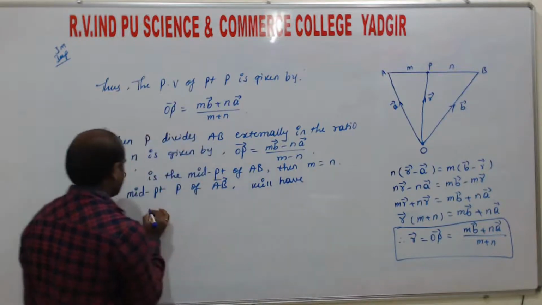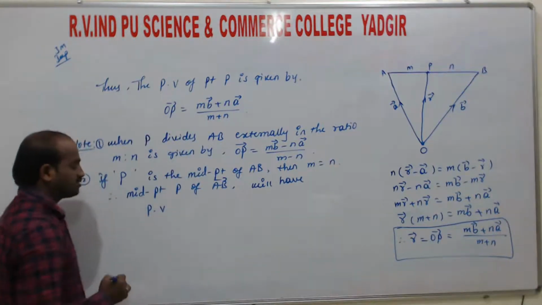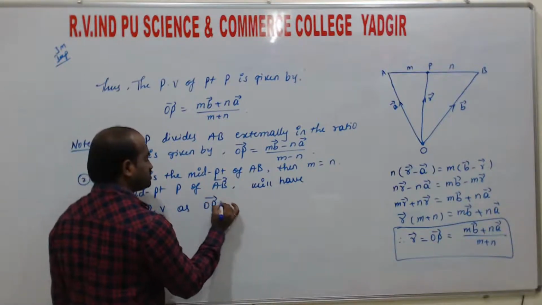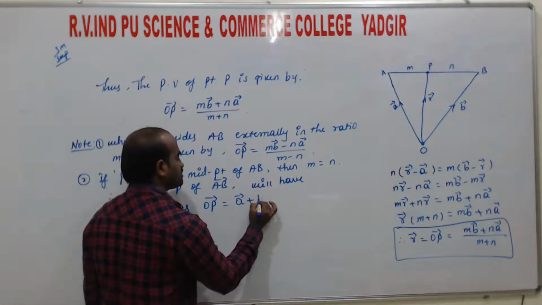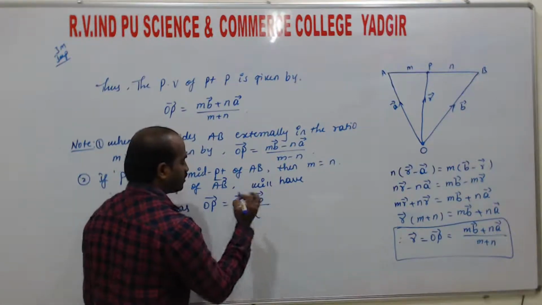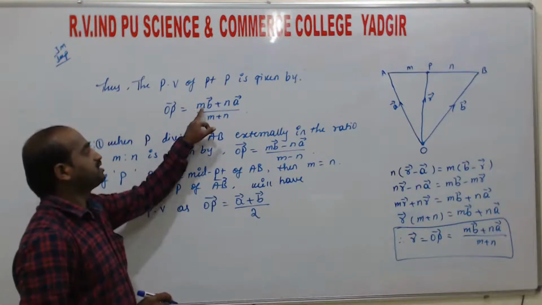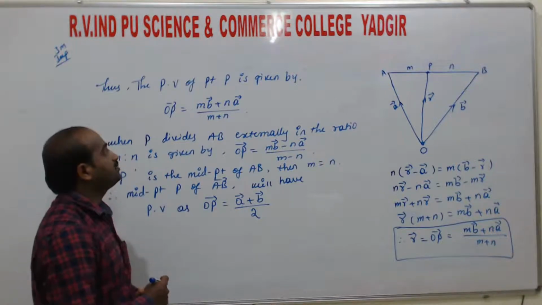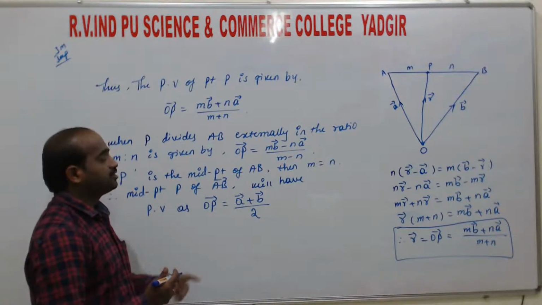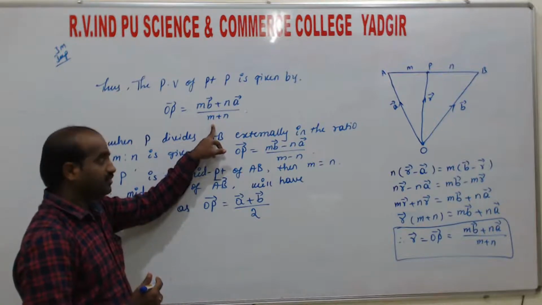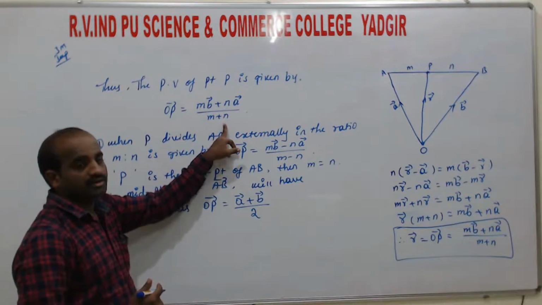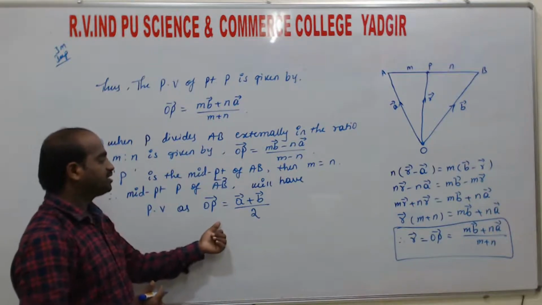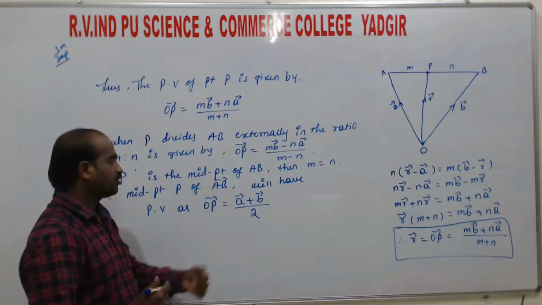We have therefore the position vector of P as OP vector is equal to A vector plus B vector divided by 2. Now M is equal to N, so B plus A divided by the ratio, which is the same, 1:1. B plus A divided by 1 plus 1, B plus A divided by 2, or A plus B divided by 2, because OA vector is equal to A vector, OB vector is equal to B vector.